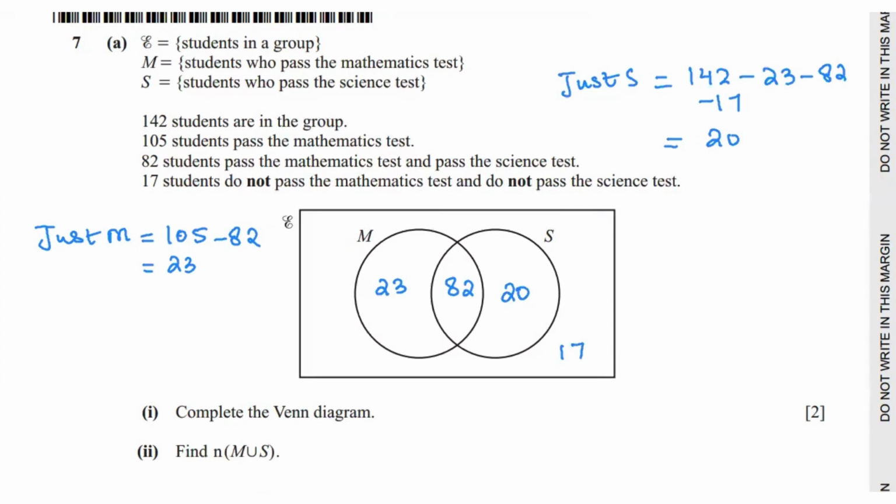Then it says find the number of maths union science. So that means all of this and this, all of this. So that's going to be 82 plus 23 plus 20, which equals 125. That's the answer.